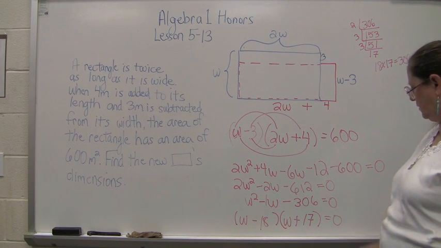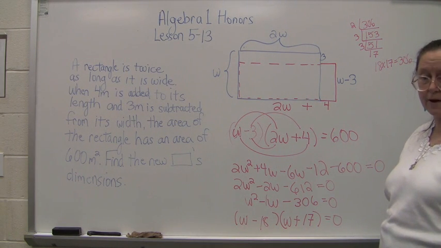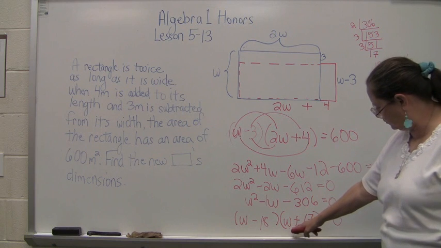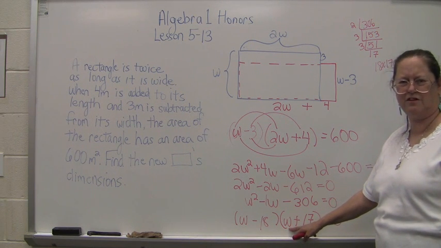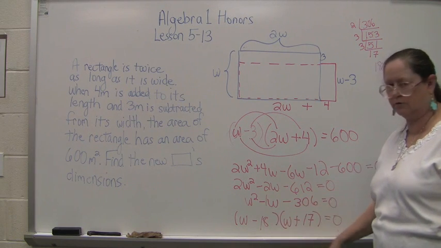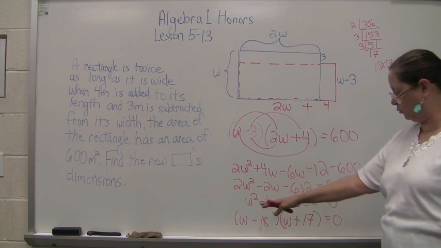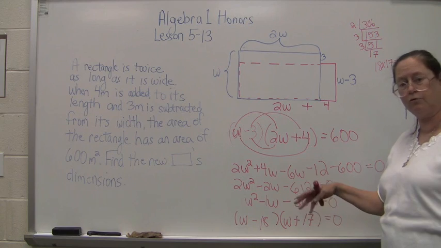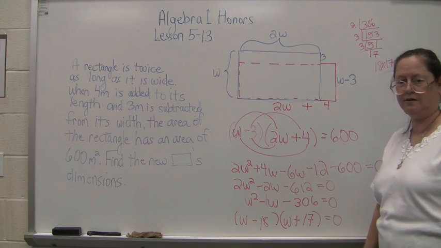That'll give us what we want here. Now, since this is a rectangle, it does not make sense to have a negative 17 width. We don't live in the Star Trek world. So our only answer that's acceptable, because our width is a positive number, is going to be 18.